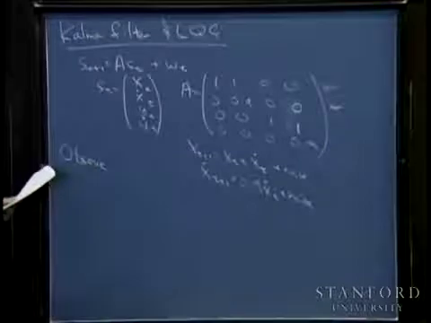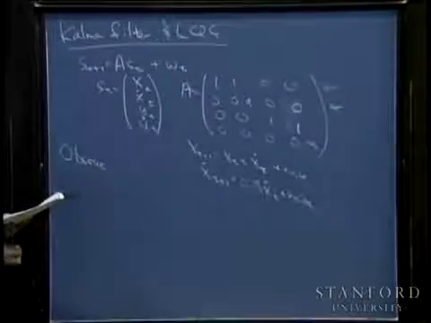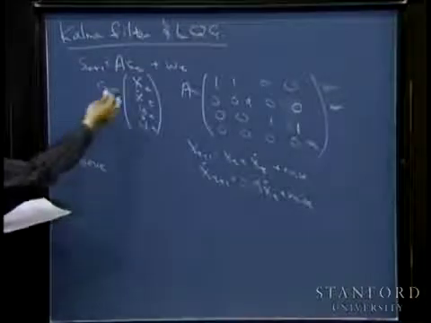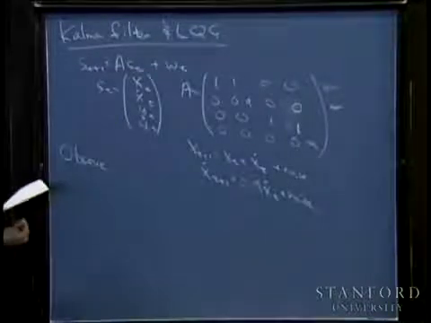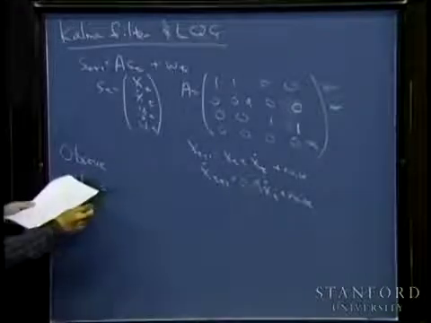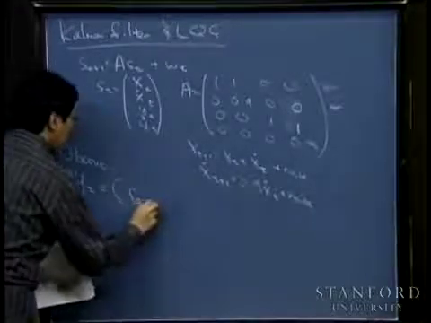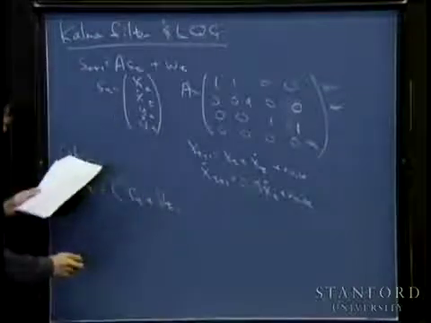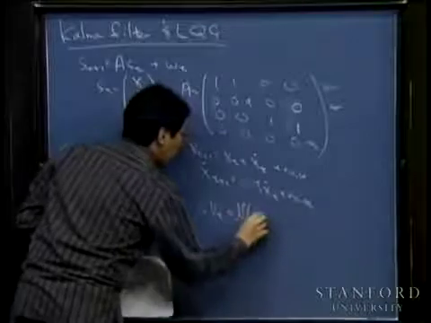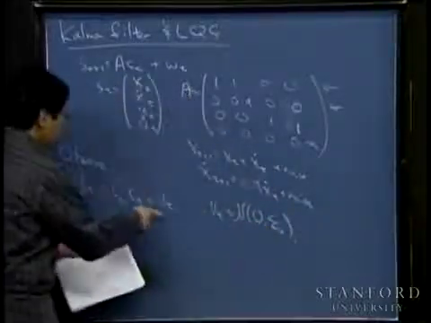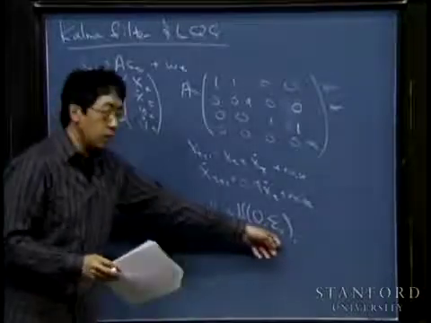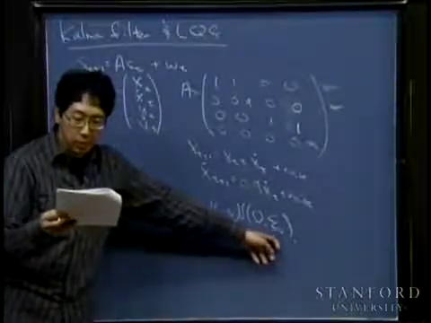Here's the more interesting part. If you're tracking a helicopter with some sensor, you won't get to observe the full state explicitly. But again, just for this cartoon example, let's say that we get to observe y_t, which is C s_t plus v_t, where the v_t are Gaussian random variables with zero mean and covariance given by sigma v.